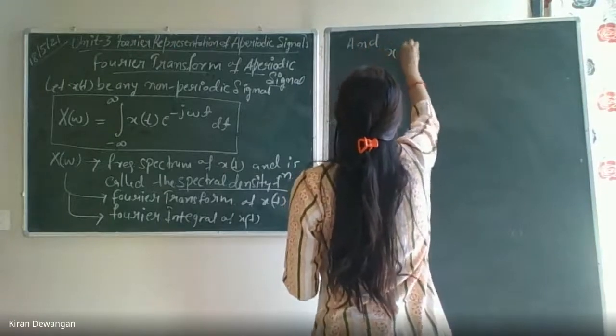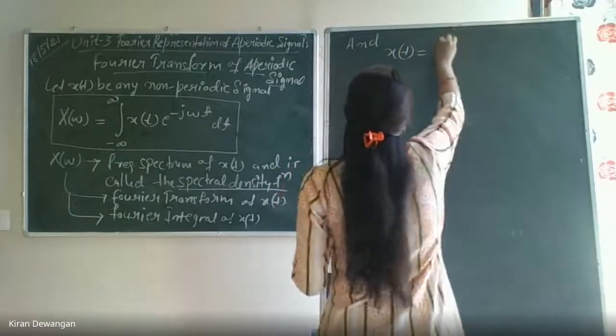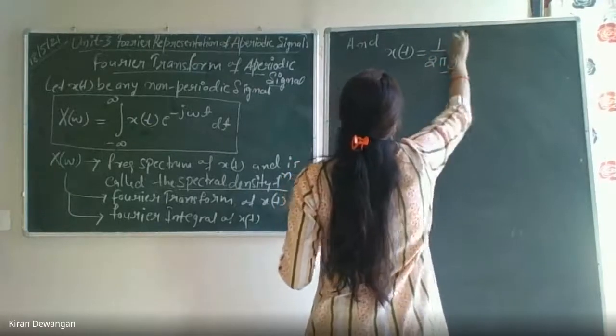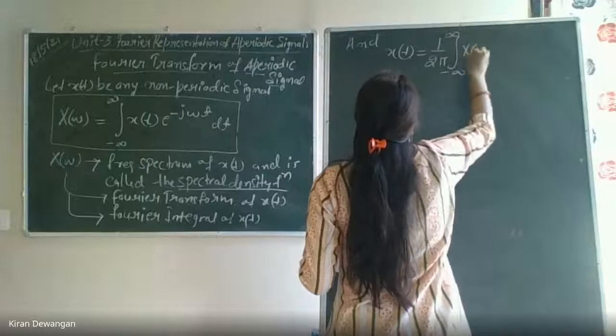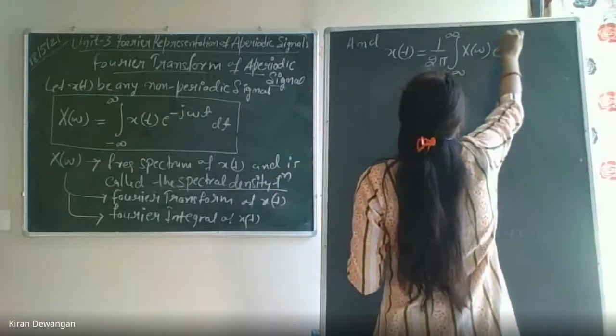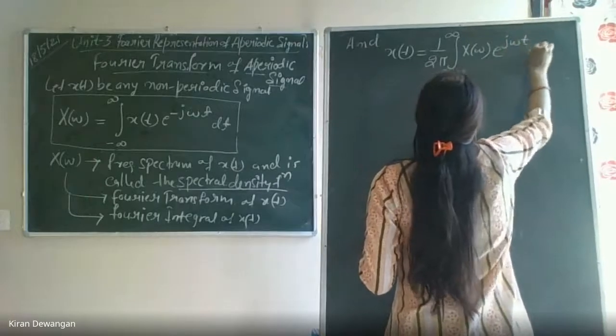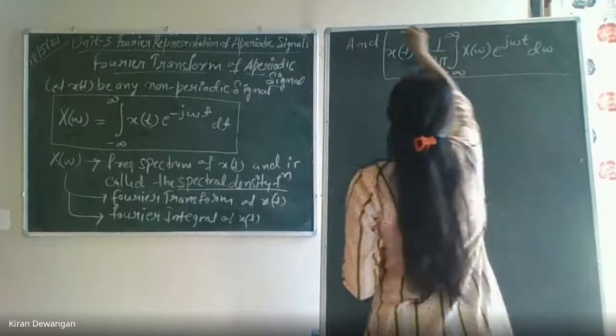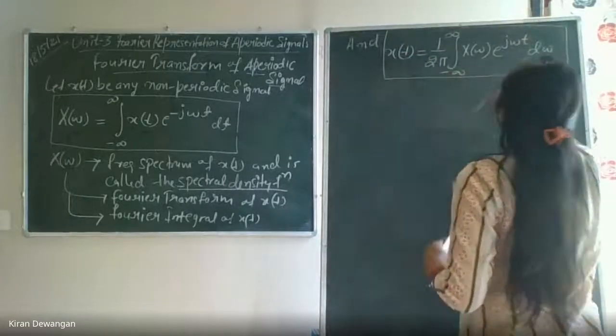xt can be obtained by 1 by 2 pi integration minus infinity to infinity x omega e to the power j omega t d omega. Now this is how we can obtain xt from x omega.